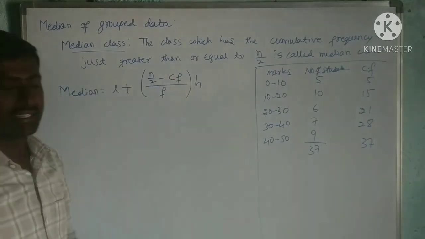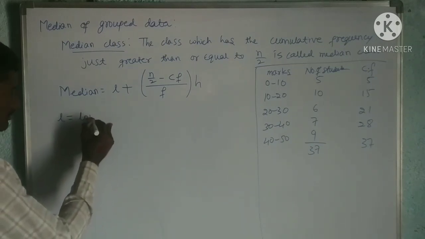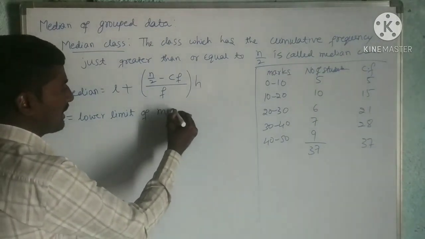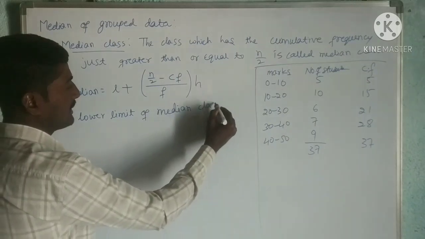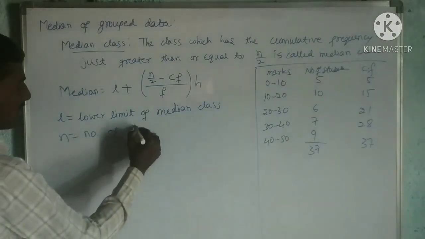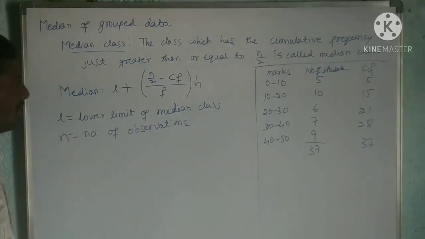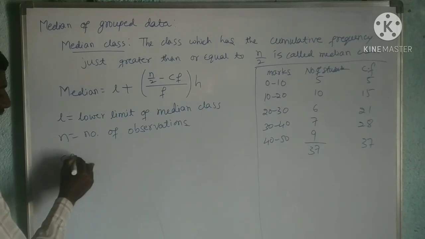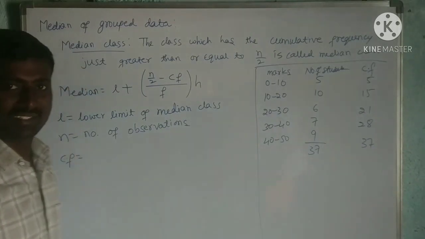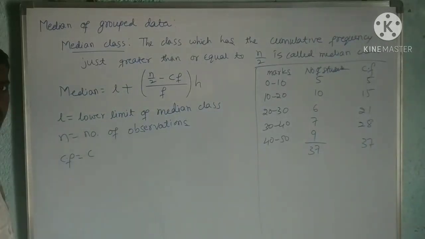Now, first I will write all the terms. L is the lower limit of the median class. n is the number of observations. Then next, CF is the cumulative frequency of the class preceding the median class. You should remember this; while solving problems we'll get more idea.